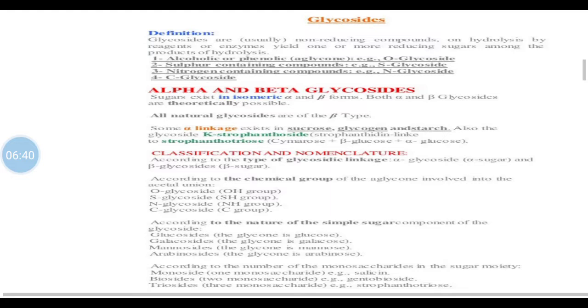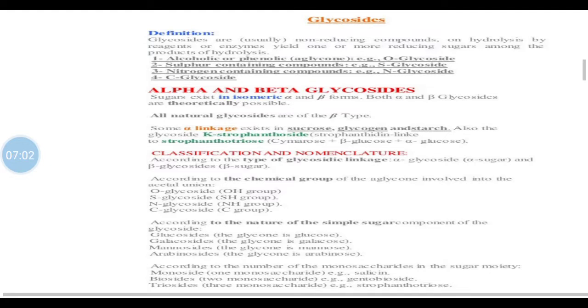Now according to nature of simple sugar component, as we have seen, the glycon part is a sugar moiety, which is responsible for the solubility and hydrolysis of the drug.